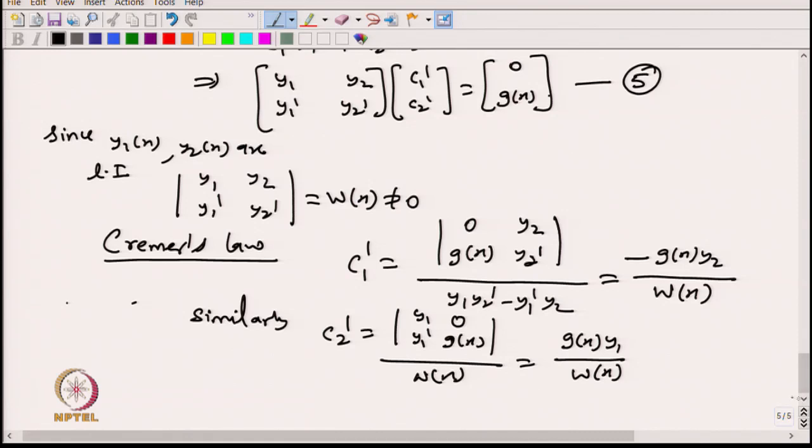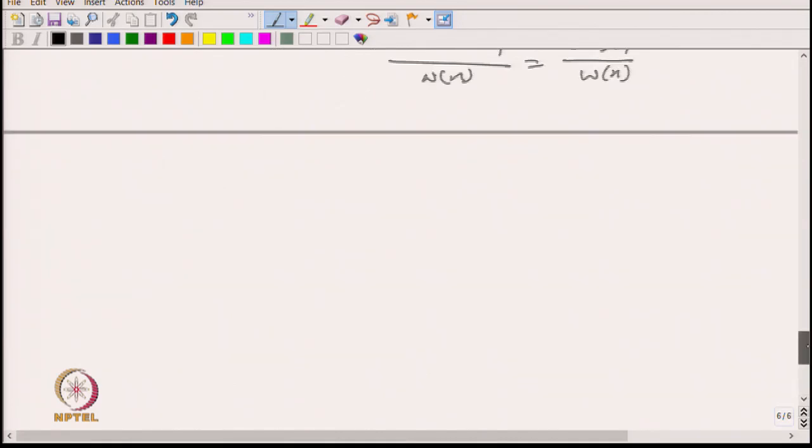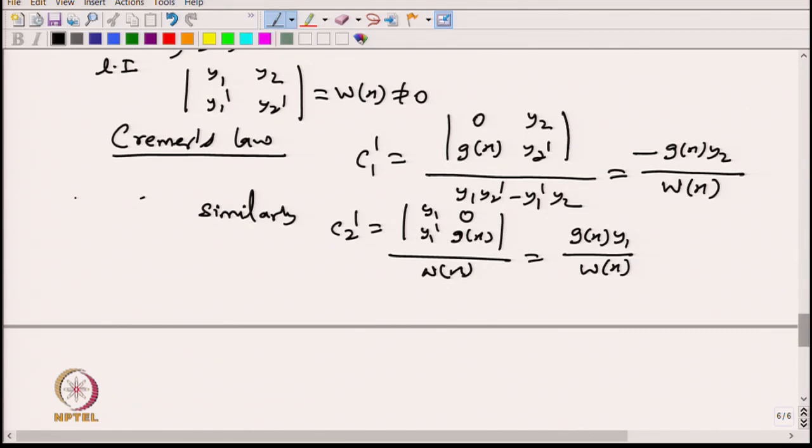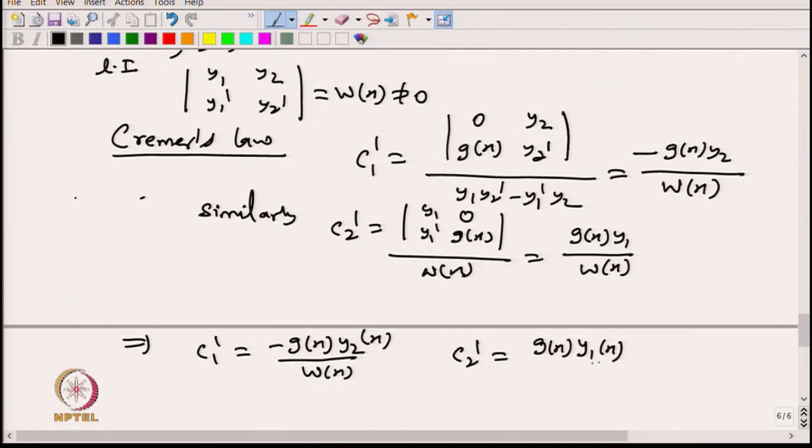Now I am able to find the values: c1' becomes minus g(x) y2(x) divided by W(x), and c2' is also a function of x, so it will be g(x) y1(x) divided by W(x).